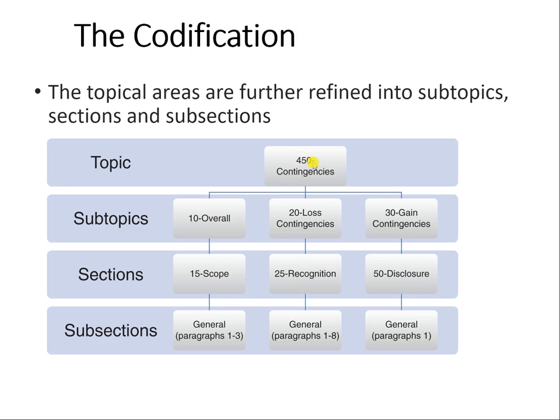For example, 450-20-25 is loss contingencies recognition. And sections are further divided into subsections by using different paragraphs. That's the basic structure of the codification.